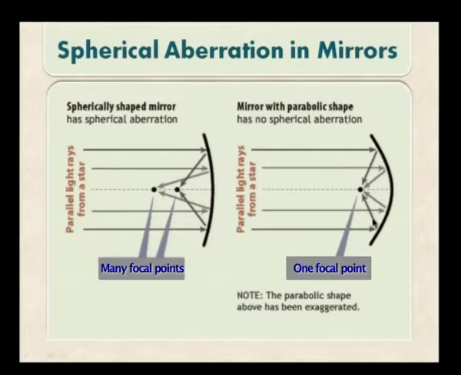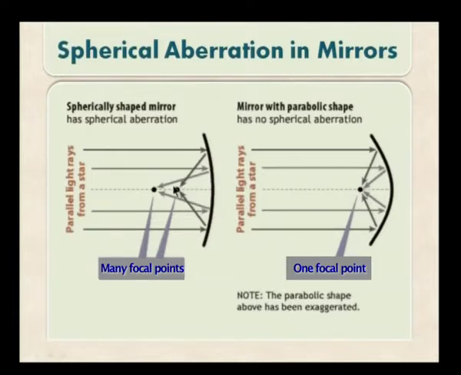So, with this exaggerated parabolic mirror, what do you observe? All the light rays come to focus, there is only one focal point. All the light rays are getting reflected and focused at a particular point.